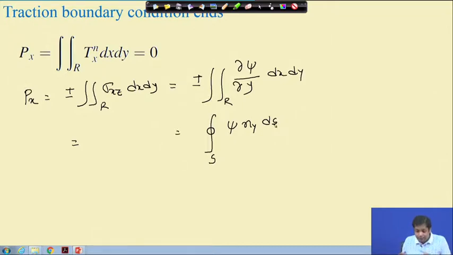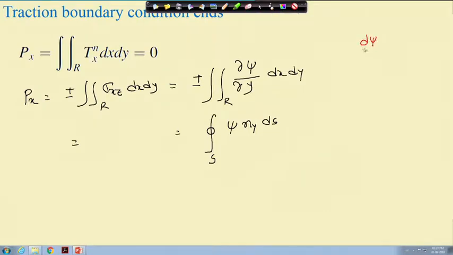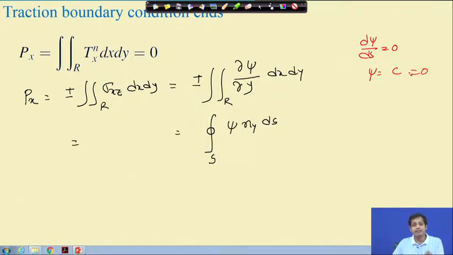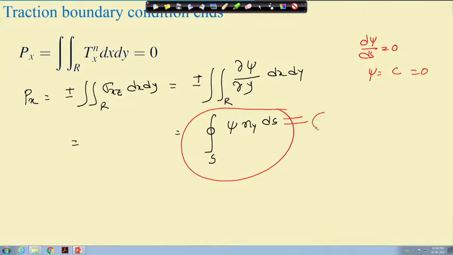So, this gives. Now, look at the condition that we obtained when we applied the boundary condition on S. If you recall, the condition was d psi ds is equal to 0, which gives psi equal to some constant, and we said that for a simply connected domain at least, this constant you take as 0. This means psi is chosen such that it vanishes at the boundary, and if it vanishes at the boundary and this integration is over the boundary, straight away it becomes 0.